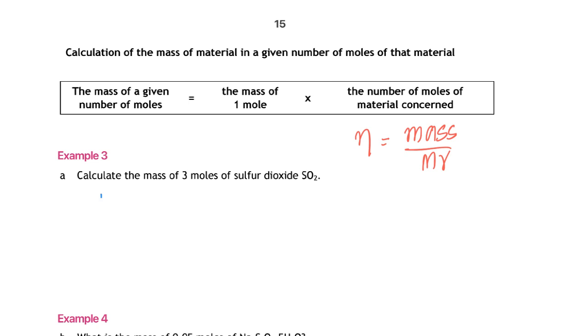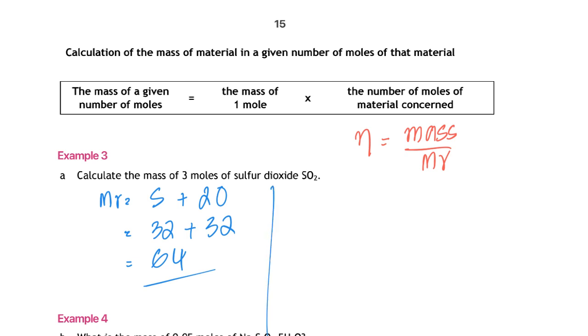So the MR for SO2 is: sulfur is 32, then 2 oxygens are also 32, so that's 32 plus 32, 64. The next part is I have to find out 3 moles. Well, I can just do this in my head. If 1 mole is 64, 3 moles are going to be 3 times 64.